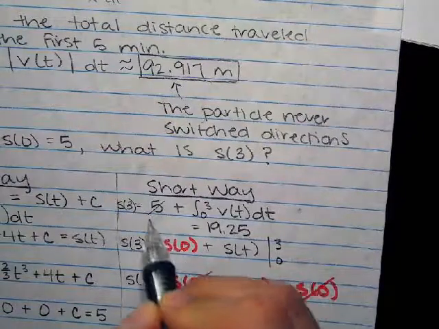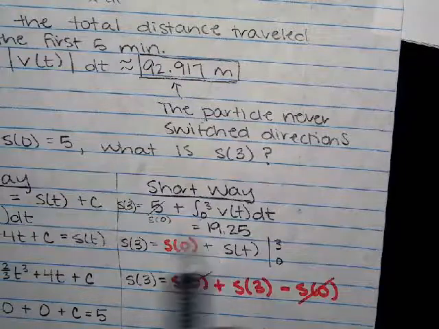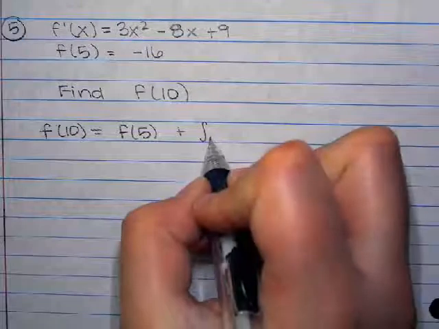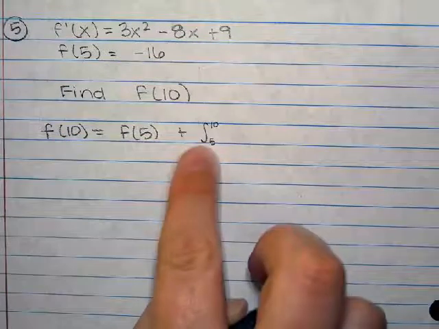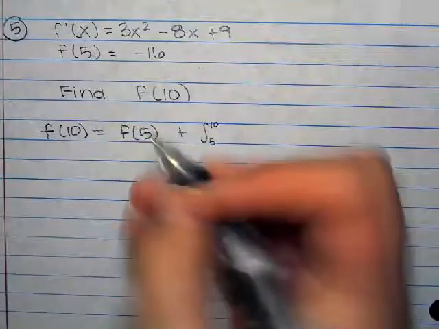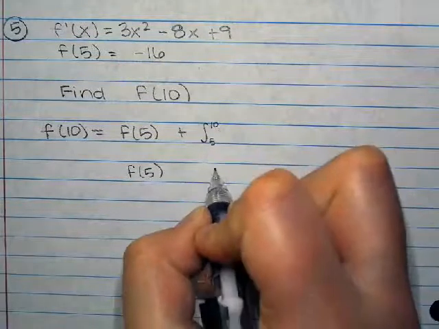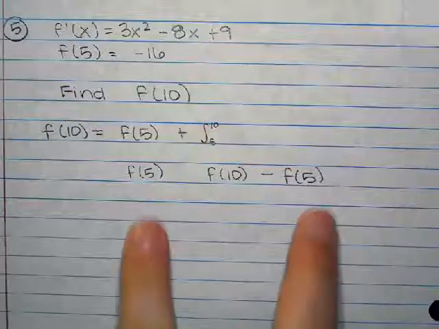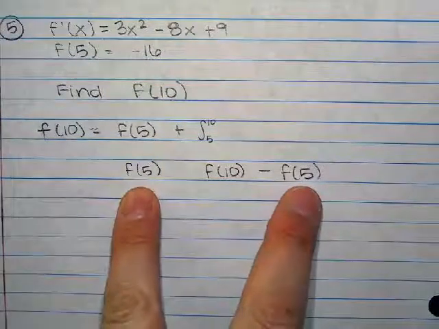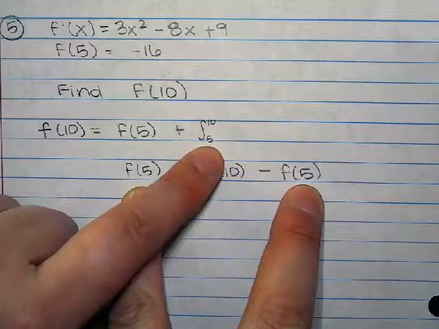But it's this one. So it starts wherever this one left off, because it should be f of 5, and then this one would be f of 10 minus f of 5, right? Because these two have to cancel out, so they have to be the same. So wherever this one left off has to be where that one starts, so that these two will cancel. That makes sense. That's how it works.